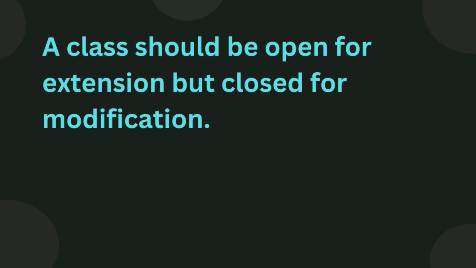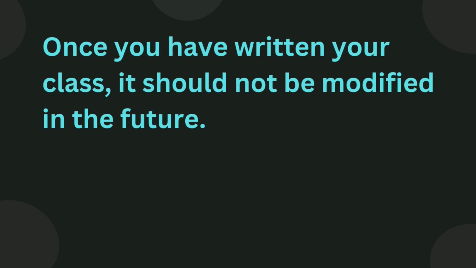The open-closed principle states that a class should be open for extension but closed for modification. In other words, you should be able to add new functionality without changing the existing code. Once you have written your class, it should not be modified in the future, except for bug fixes.